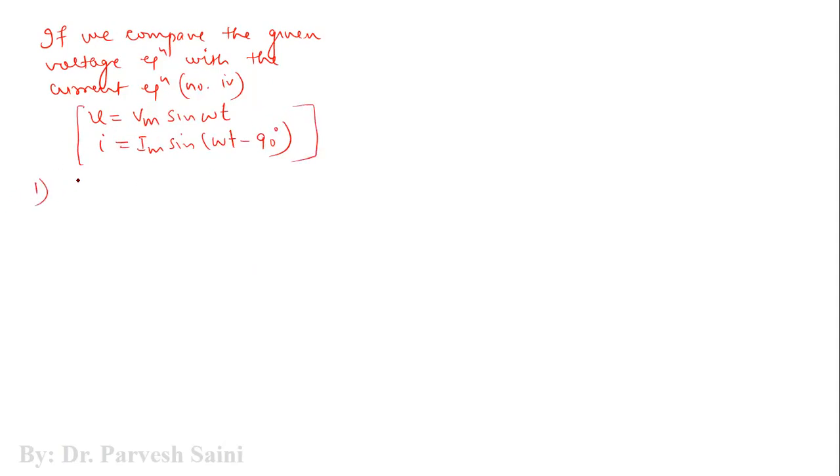The first thing you will see is that there is a phase difference between V and I, and that is equal to 90 degrees. Second, if they have a phase difference of 90 degrees, we can clearly see that the current is having minus 90 phase, right?